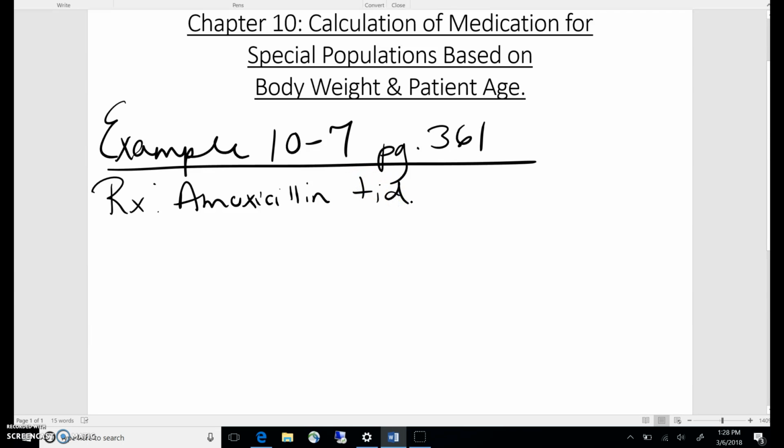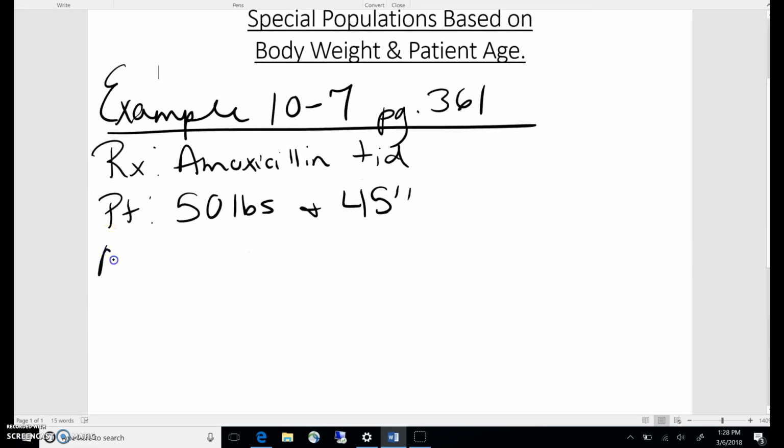The patient is 50 pounds and 45 inches tall, and it tells you that the adult dose, I'm going to put AD, is 500 milligrams 3 times a day.